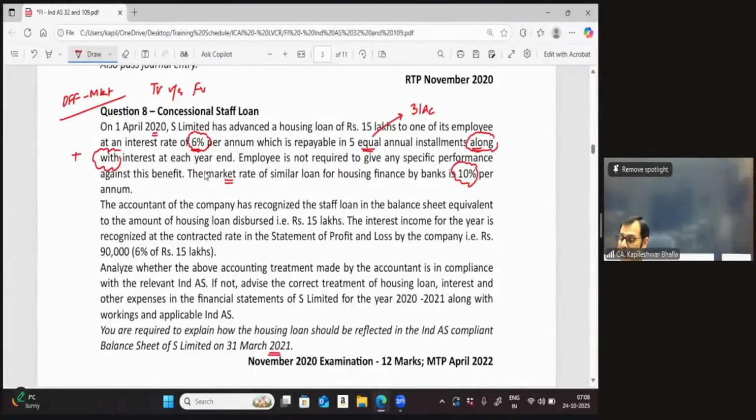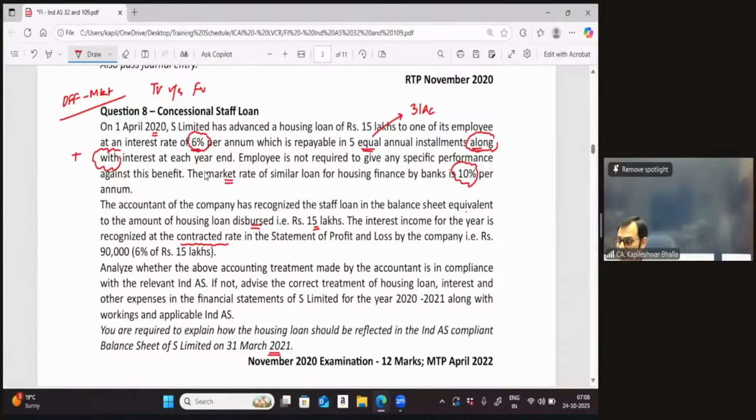It says the accountant of the company recognized the staff loan in the balance sheet equivalent to the housing loan disbursed. So what the accountant did, he made an entry at the transaction value itself. Undoubtedly, it's not correct. The interest income for the loan is recognized at the contracted rate in the statement of P&L.